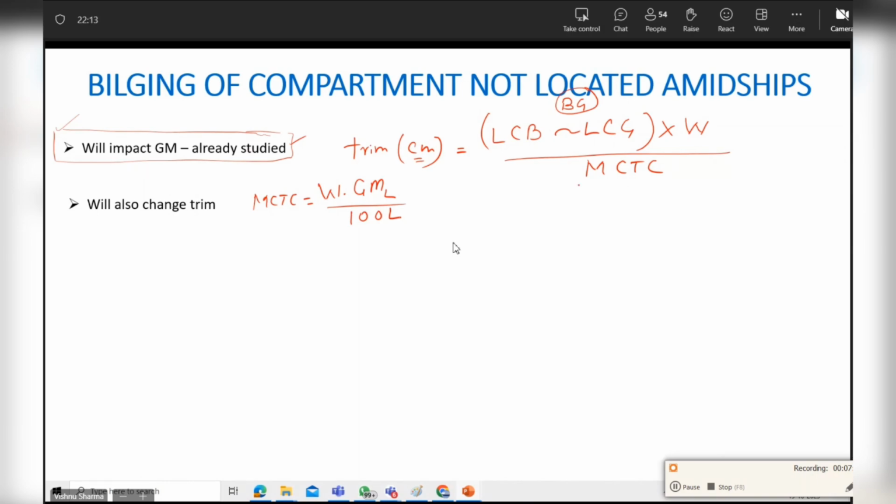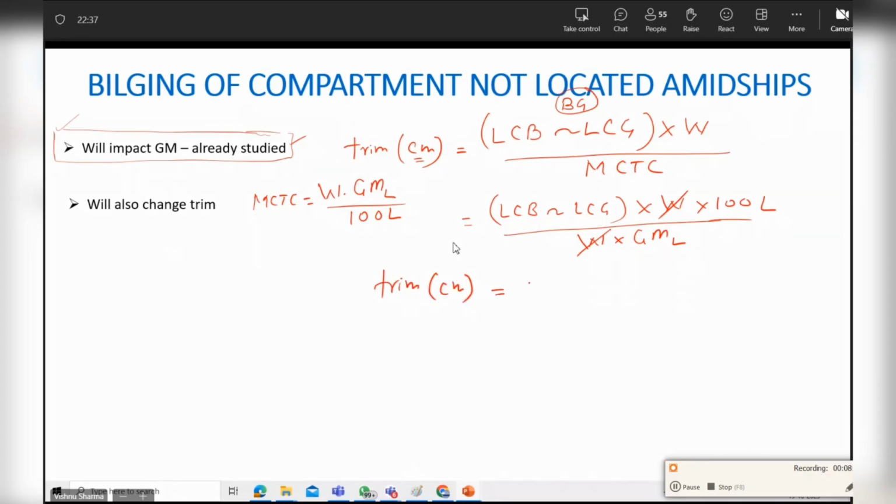Now, if we put the value of MCTC in this formula, it becomes LCB difference LCG into W, divided by W into GML upon 100L. W gets cancelled out, and my trim in centimeters simplifies to LCB difference LCG multiplied by 100 multiplied by the length of the vessel divided by GML.